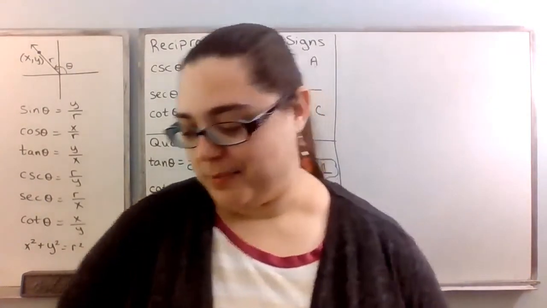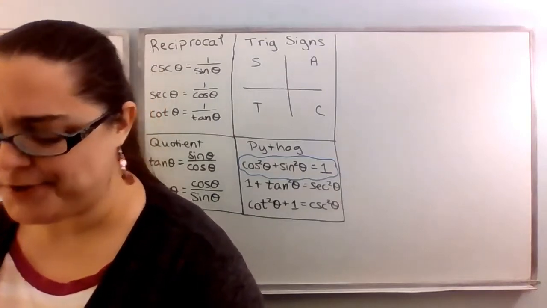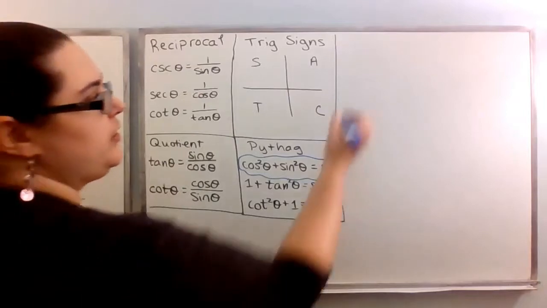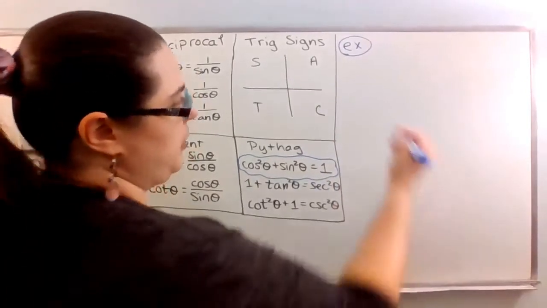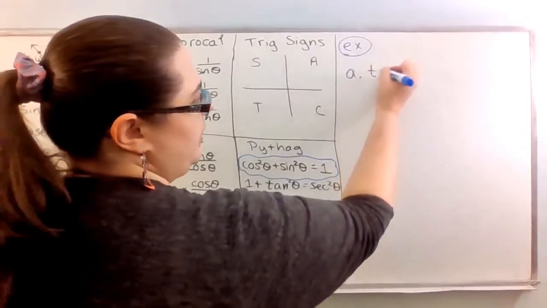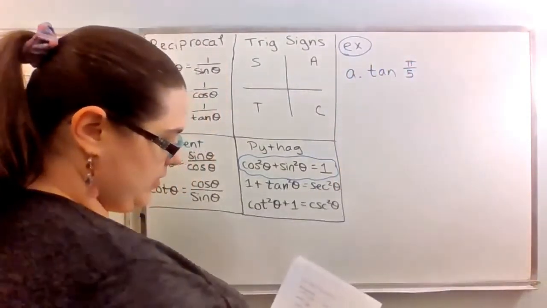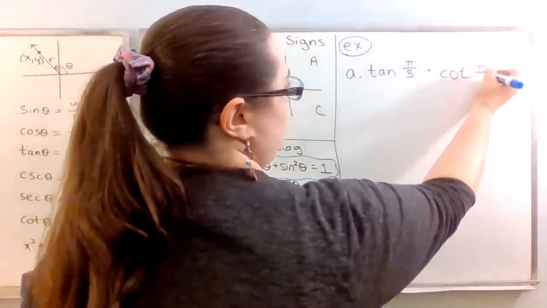So while these are all on the board, let's do a few examples of applying them to find some values. So where are my examples? Here we go. We'll just do 2, just to see them in action. For part A, I've got tangent of pi fifths radians, and we're going to multiply that by cotangent of pi fifths.